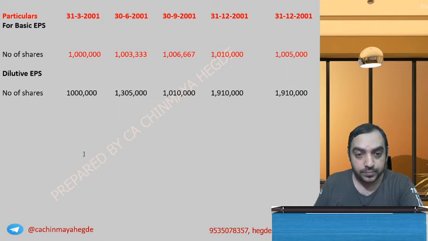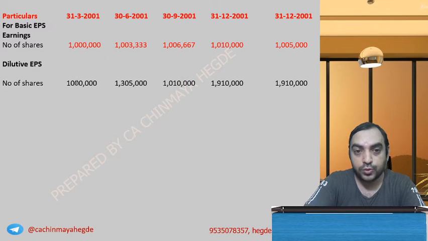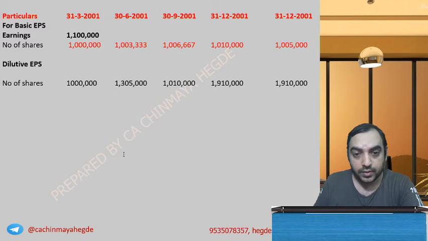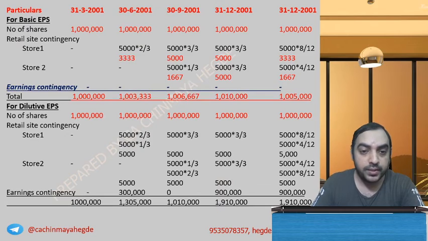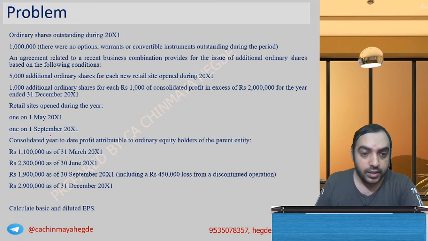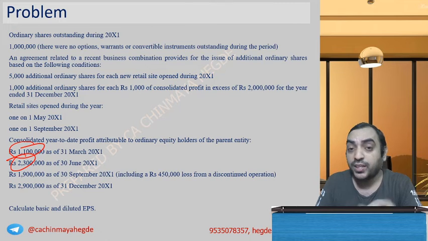Profits given, earnings to equity shareholders, 1.1 million, 0.2 million. Oh, 1.2 million. 11 lakh became 23 lakh, so the increment should have been 12 lakh.